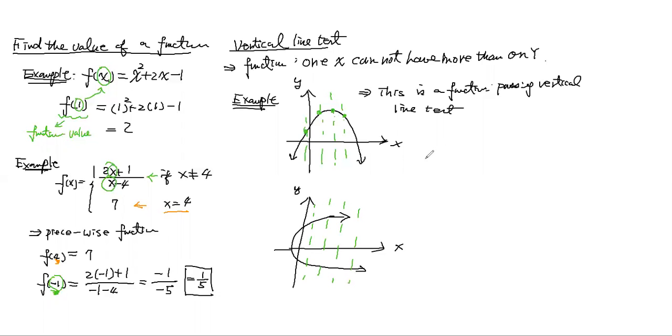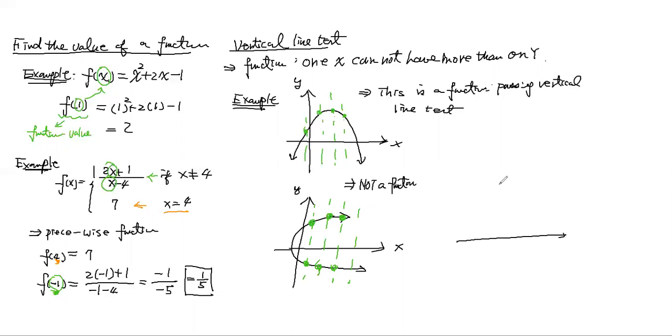If you do a vertical line test, for every x you will find not one y value, I'm going to find two y values here. For a function, we know you cannot have one x with more than one value. So this is not a function, right?